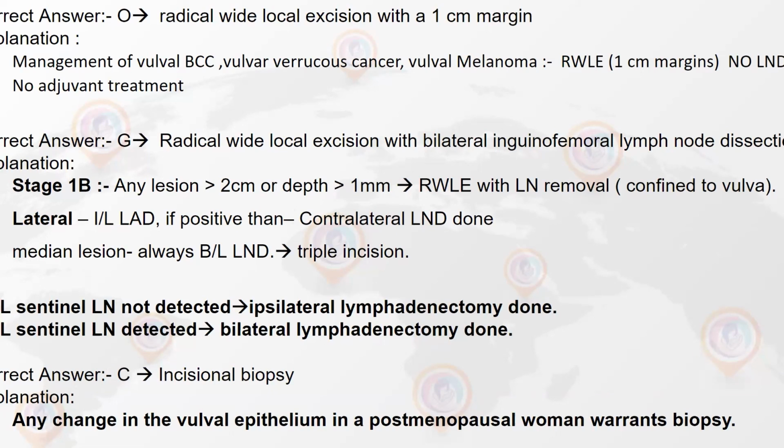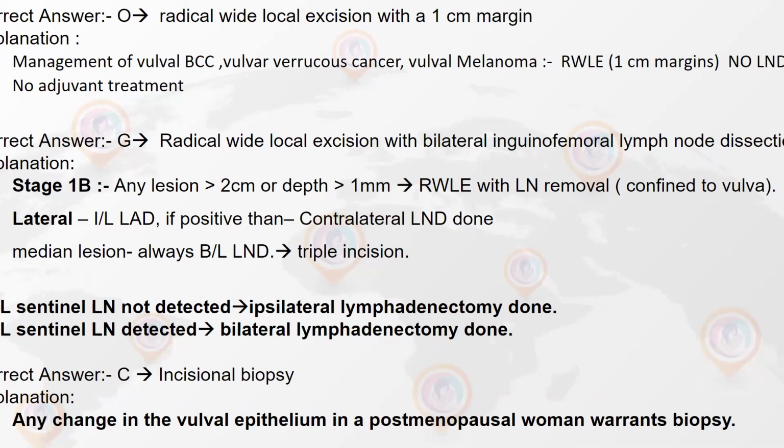And already we know that in case of lateralized lesion, you can do ipsilateral only, and in case of median lesion, you always need to do bilateral lymphadenectomy. So the answer for the second question is radical wide local excision along with a bilateral inguinofemoral lymph node dissection in case the ipsilateral sentinel lymph node was positive for malignancy.